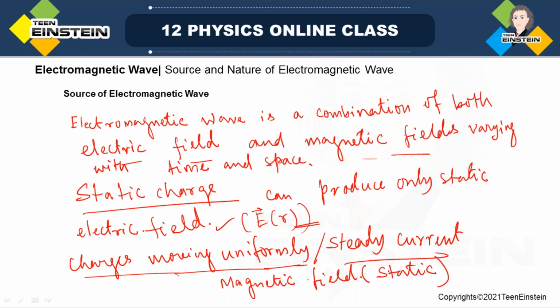A steady current produces a static magnetic field. That is why it is called steady: there is no variation with respect to time.